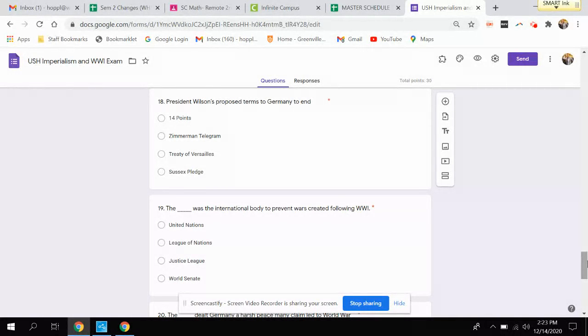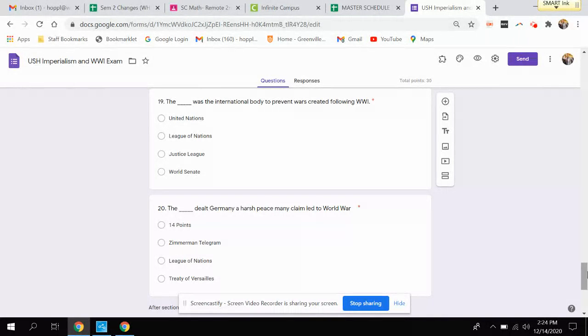Question 18. This was President Wilson's proposed terms to Germany to end World War I. Was it the 14 points, the Zimmermann Telegram, the Treaty of Versailles, or the Sussex Pledge? Question 19.